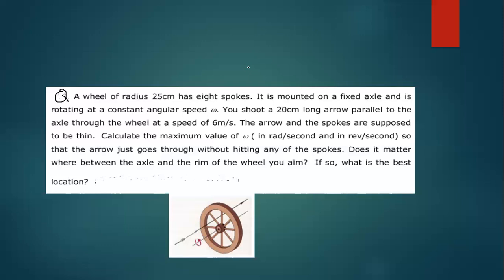The arrow and the spokes are supposed to be thin. Calculate the maximum value of the angular speed in radians per second and in revolutions per second, so that the arrow just goes through without hitting any of the spokes. Does it matter where between the axle and the rim of the wheel you aim? If so, what is the best location?